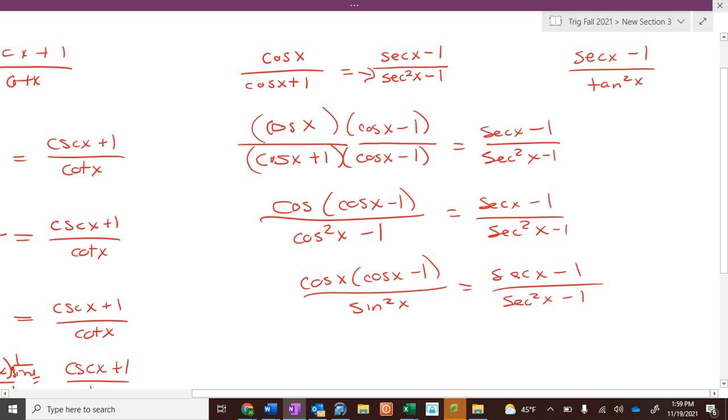Okay, so I said a little earlier, I want to see if I can get that into tangent squared of x on the bottom. How does sine squared of x relate to tangent squared of x? Sine over cosine is tangent. So sine squared over cosine squared would be tangent squared, right? So maybe I should multiply the top and bottom of this by 1 over cosine squared of x.